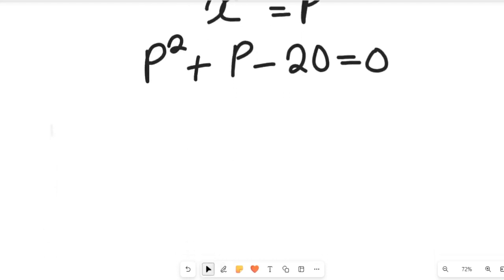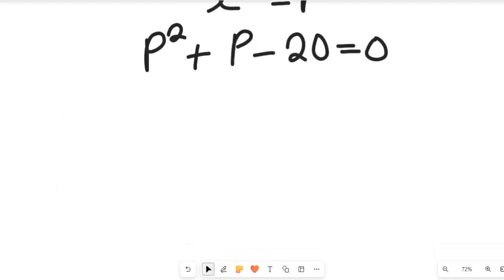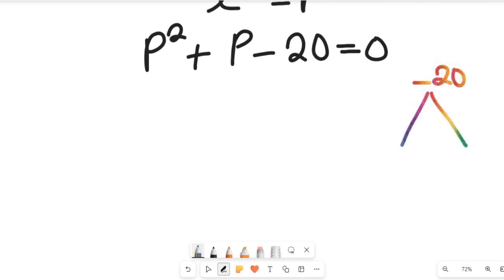Great. Now this forms a quadratic equation. Can this quadratic equation be simplified? Let's see. We have a negative 20, so we're going to look for two numbers that multiply to give negative 20, and when we add them, we get positive 1, that is plus p.